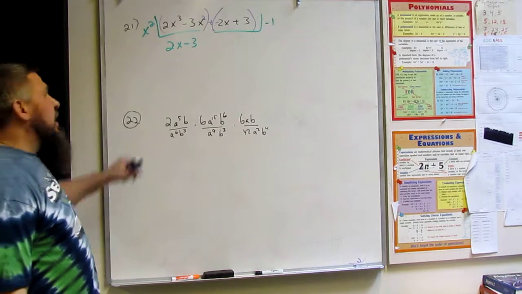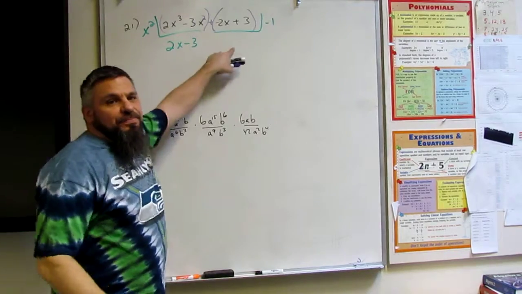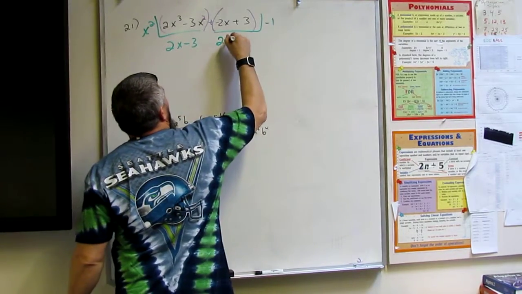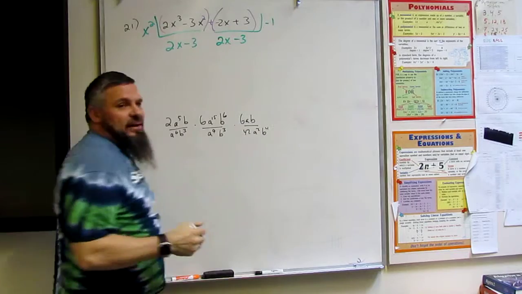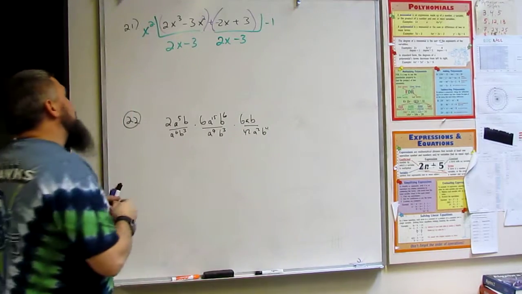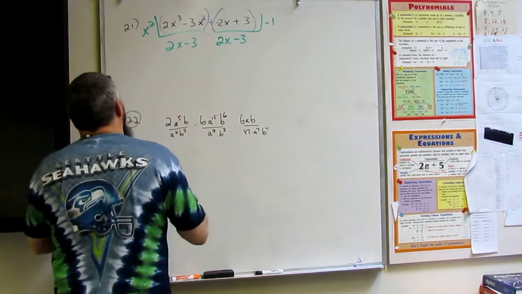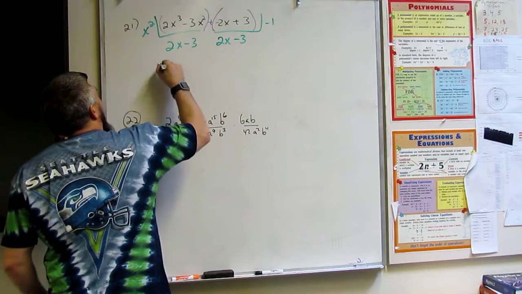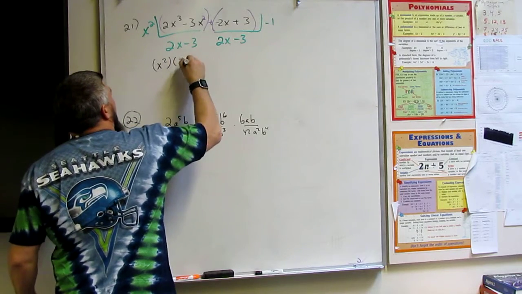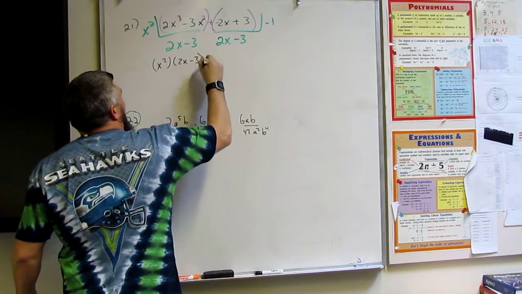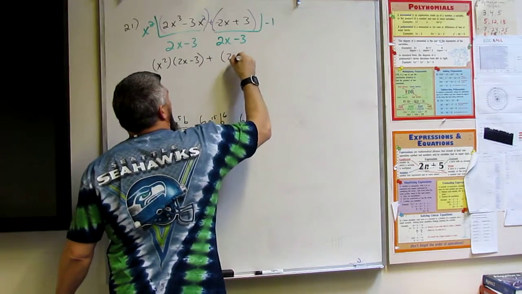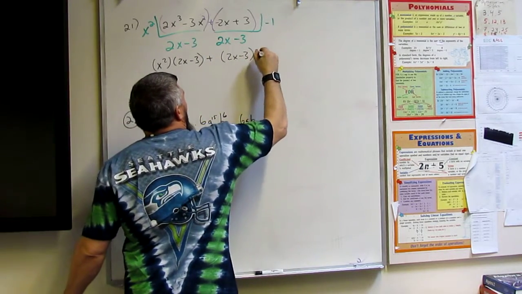To get rid of that negative. I want these to be the same. And then this will become 2x minus 3, right? So now I get x squared times 2x minus 3 plus 2x minus 3 times negative 1.